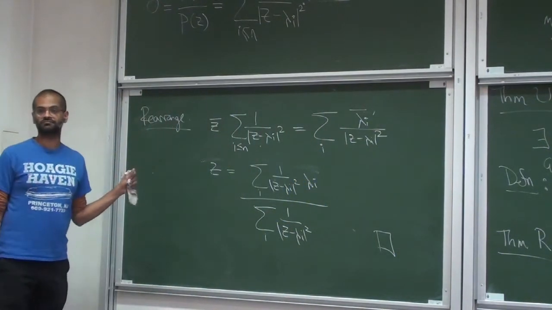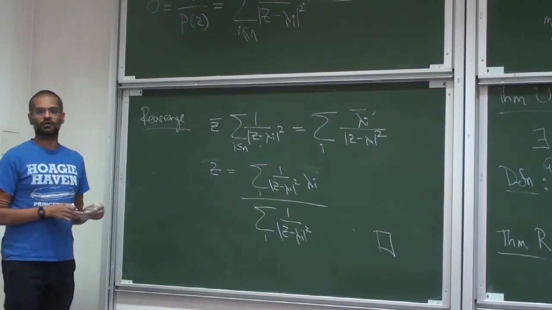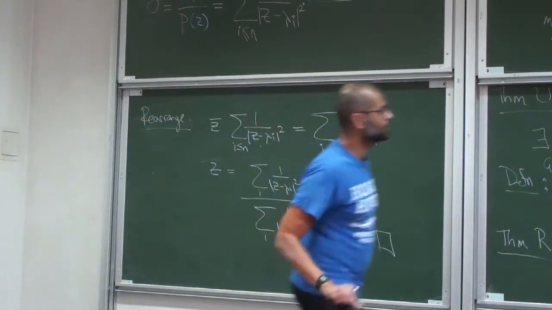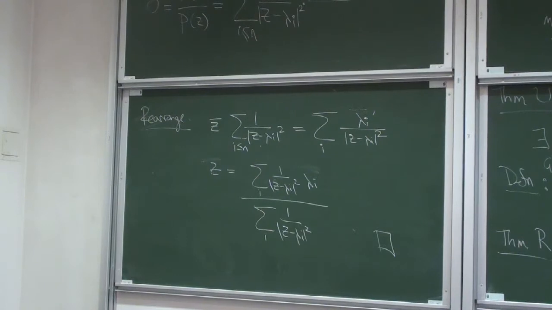So any questions about this? That's one good property of real-rooted polynomials, that differentiation preserves real-rootedness. We're going to use this later in the course too.